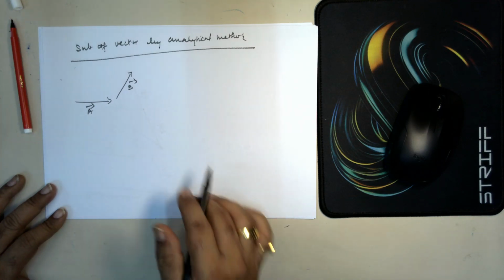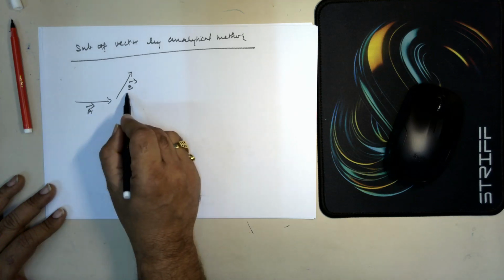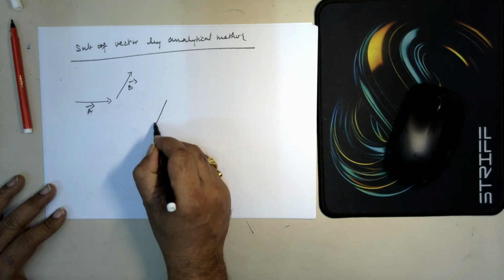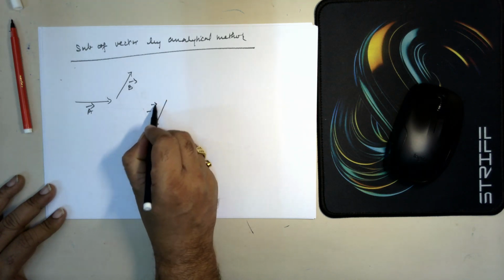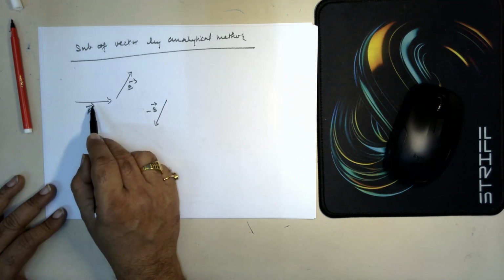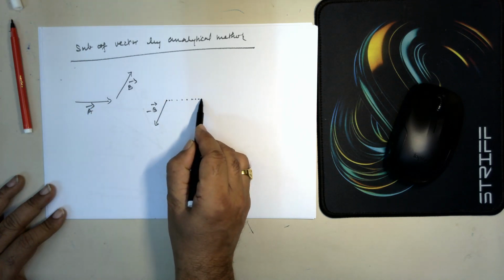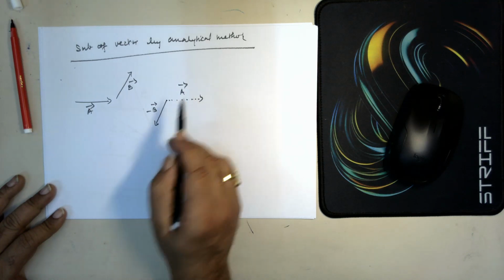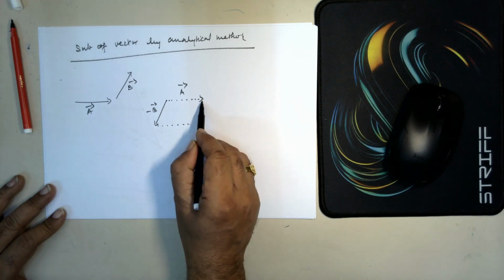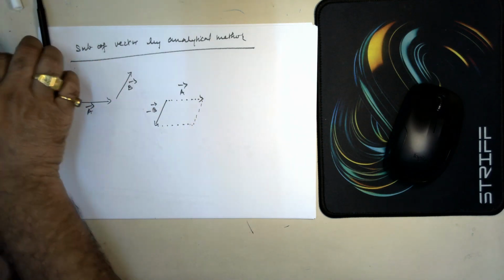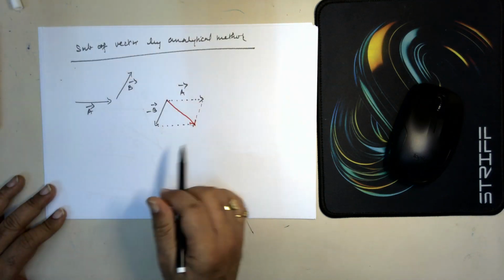Now what I do is, this is equivalent to, now I am inverting the B vector here. Okay, just invert it. So it becomes minus B. And I am maintaining this A vector like this. Okay. So in that case, let us draw the parallelogram so that the resultant will act diagonally to the parallelogram. Do you understand this? Okay.